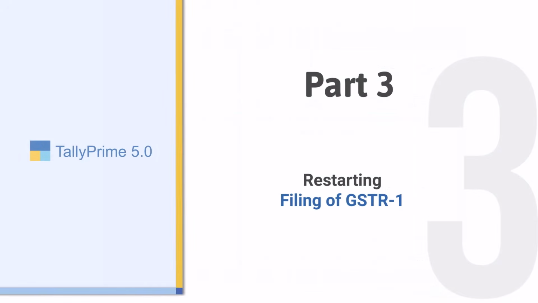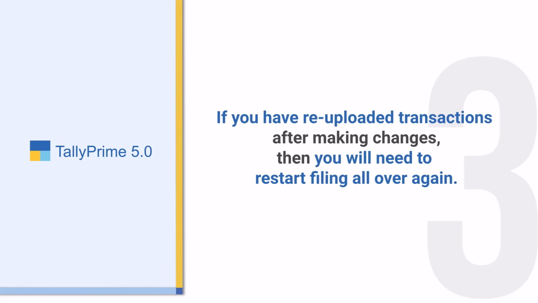Let's see how to restart filing GSTR1 all over again. You might have uploaded the data and then started filing GSTR1. However, due to network issues or other interruptions, the filing might have got discontinued. Thereafter, if you make changes to transactions, then you need to re-upload such changes from Tally Prime to GSTR1 and start filing again.